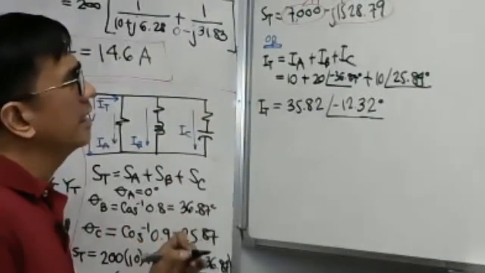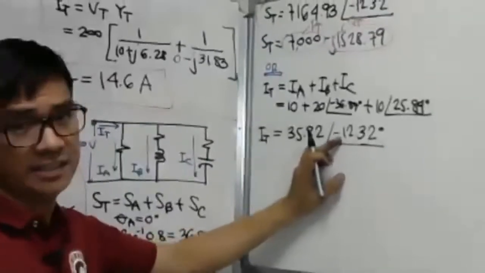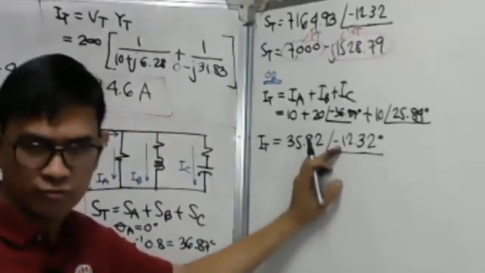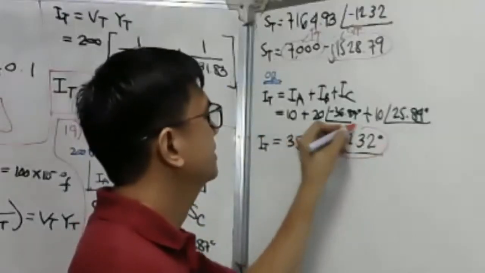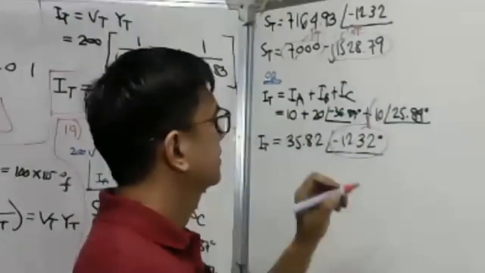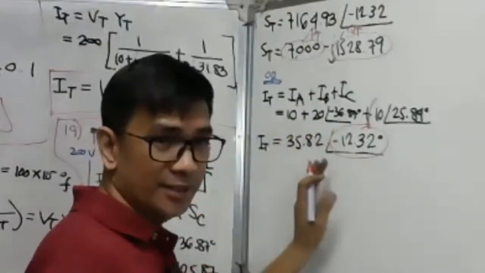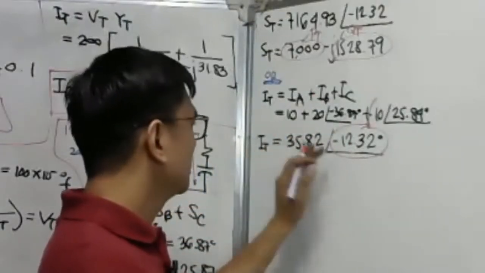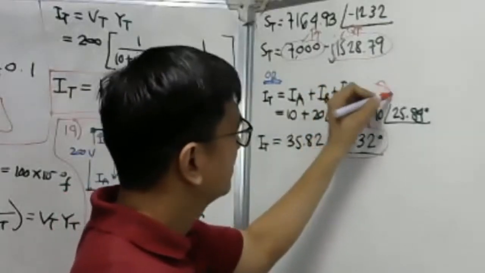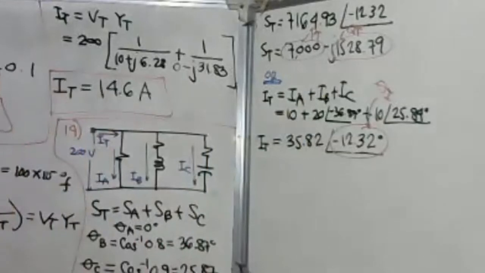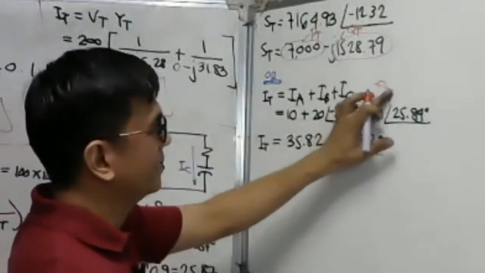Sir, are they always equal? The angle of ST to IT, are they always equal? No. This is theta of the current. Take note of this. Theta I is the theta of the current.